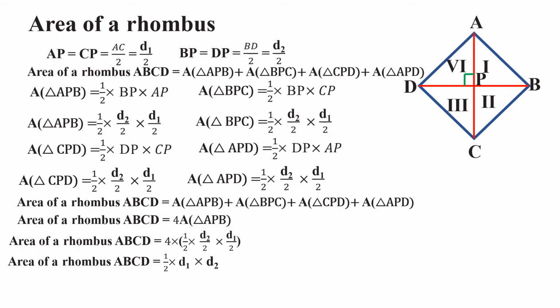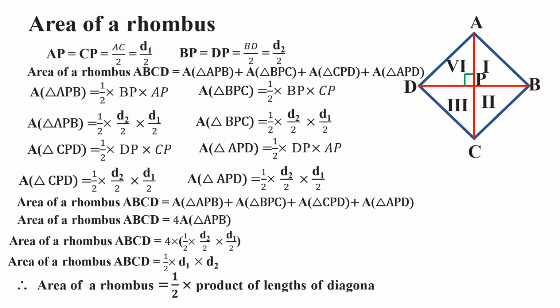d1 and d2 are the diagonals, so it is 1 upon 2 into the product of the diagonals. What is the formula for a rhombus? Here we write down the area of rhombus. Therefore, area of rhombus is equal to half, or 1 upon 2, into the product of the lengths of diagonals.